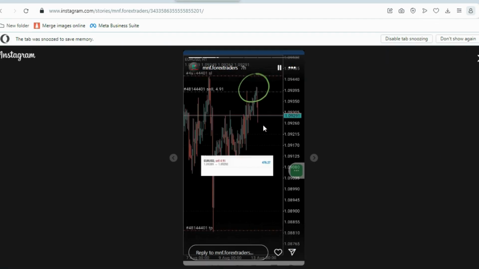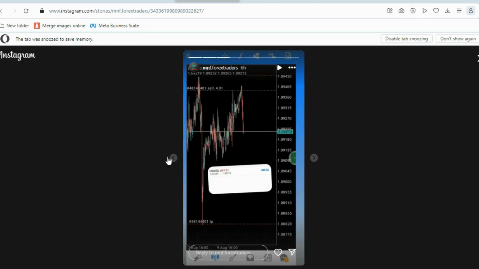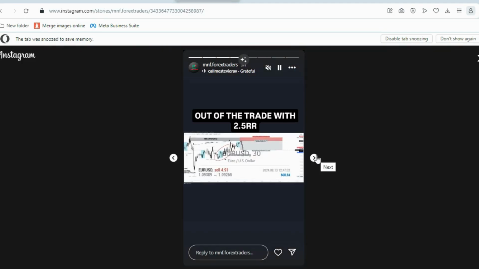We dropped about, I don't know how many pips this was, but I was up about $400, and then the market continued to drop, and right now I was up like $863, and then the market decided to reverse, and that's how I decided to get out of this market with about $600 in profit, which was about a 2.5 risk reward ratio right here.